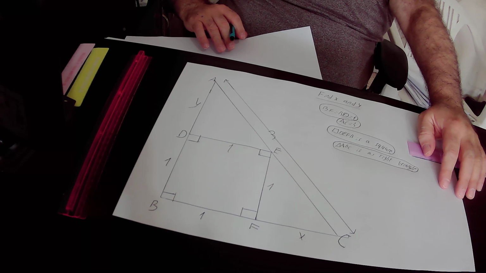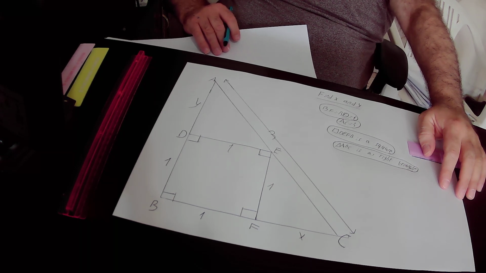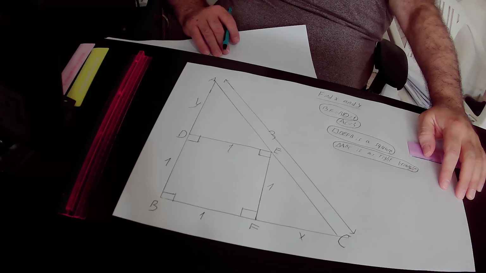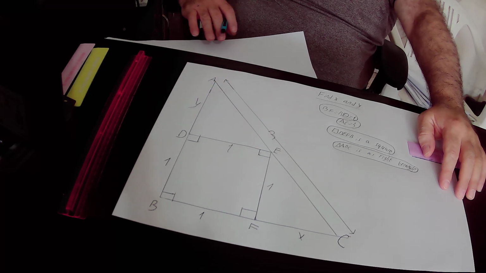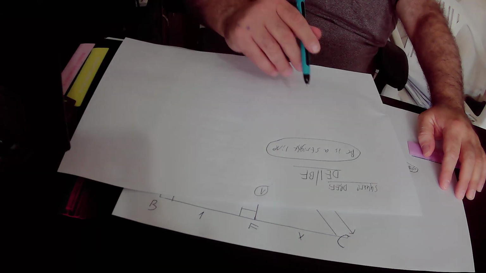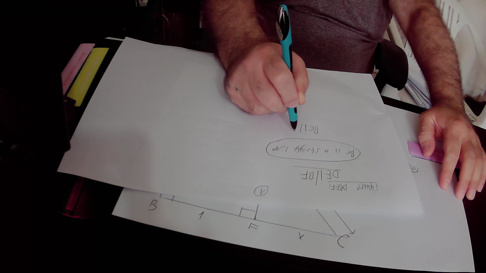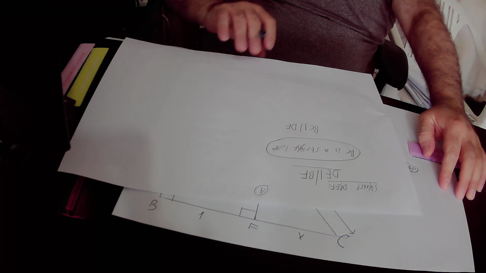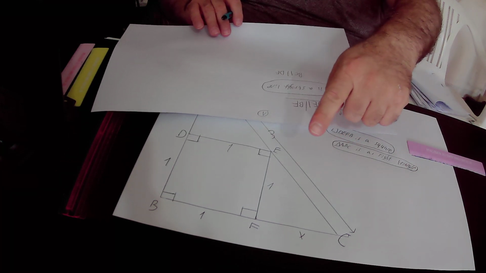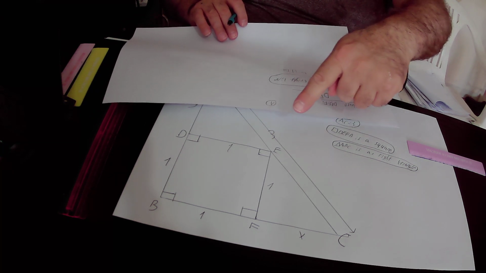Because if part of a straight line is parallel to another straight line, then the straight line itself will also be parallel to that line.